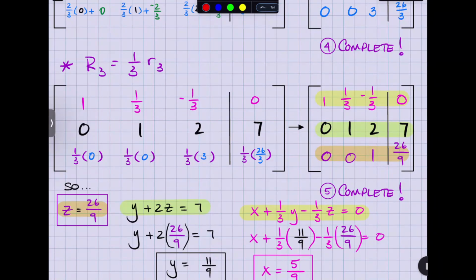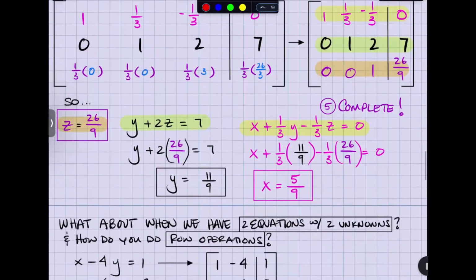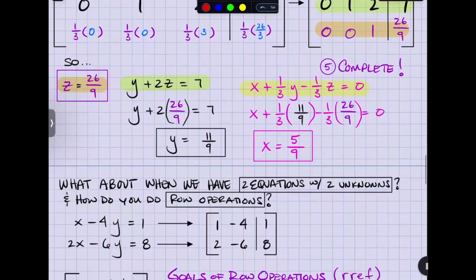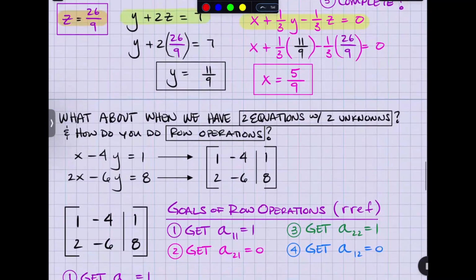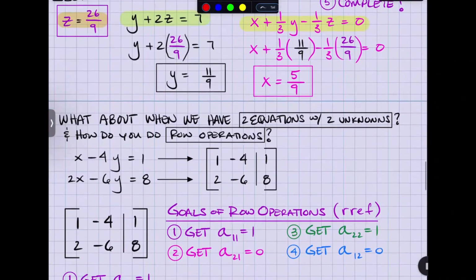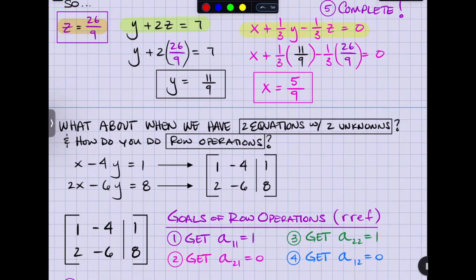So let's give you guys a chance. I wrote this in standard form. There it is, there's my matrices. Do you guys want to try to see if you can do this? This is reduced row echelon form.